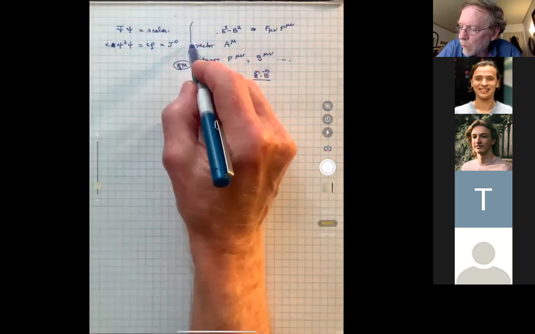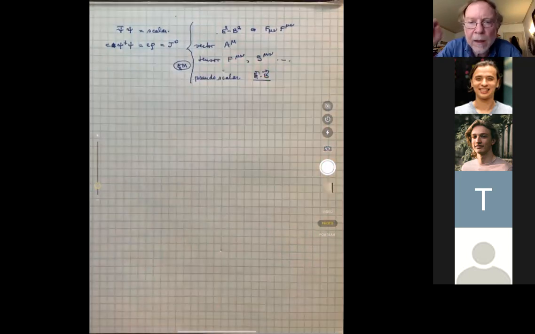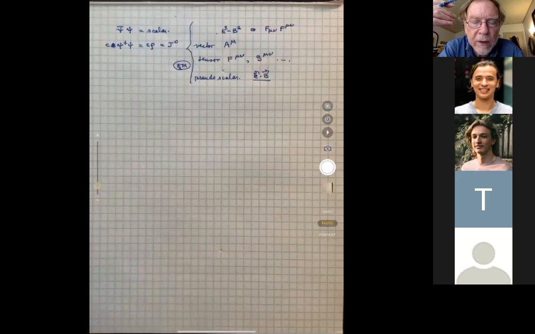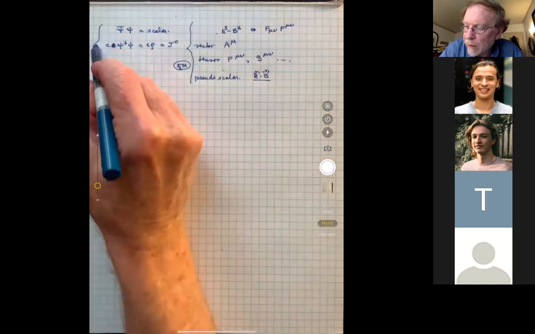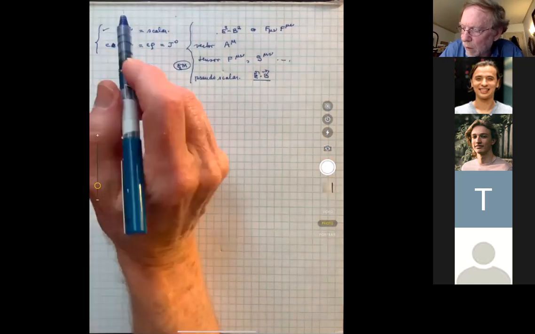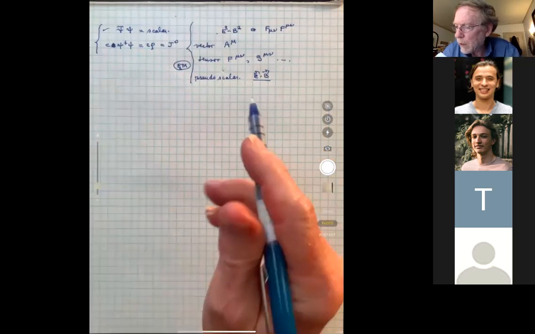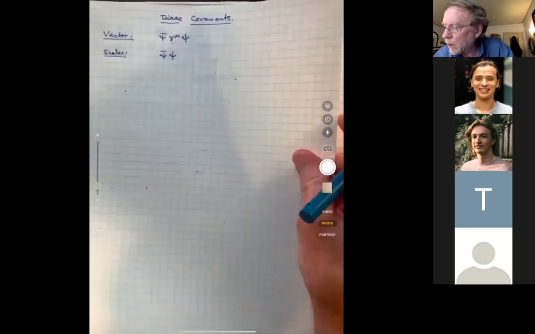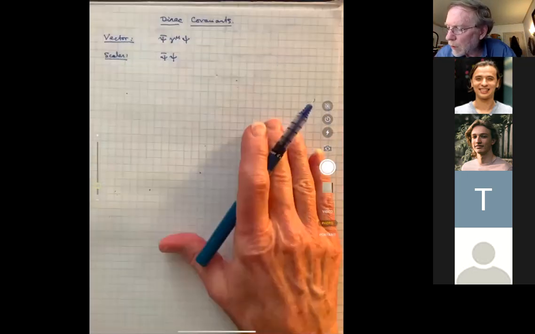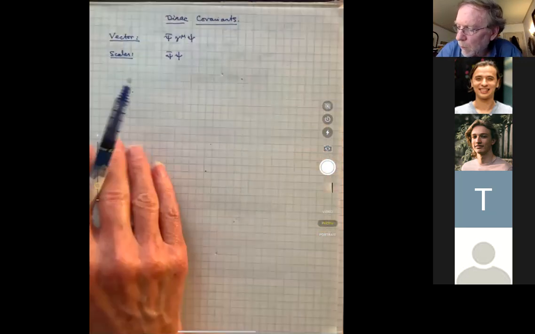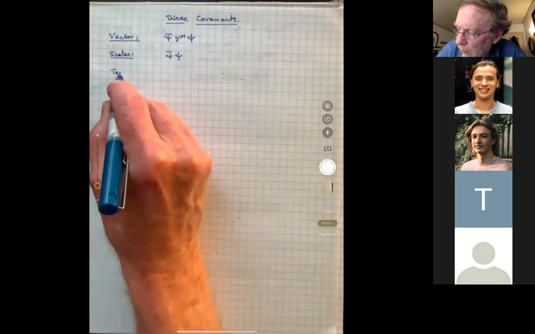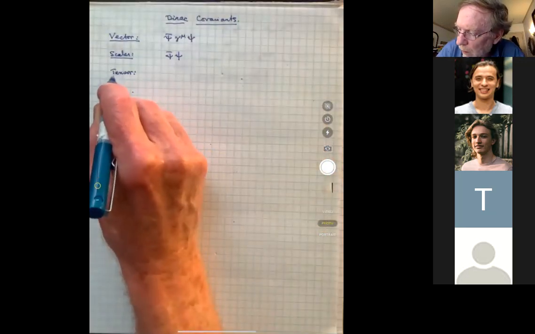So these examples of constructing various covariants in electromagnetism, we're now sort of repeating the same story in the Dirac theory, constructing first the scalar, and then, as we see on the summary sheet, the vector. Well, we can also construct a tensor in the Dirac theory.